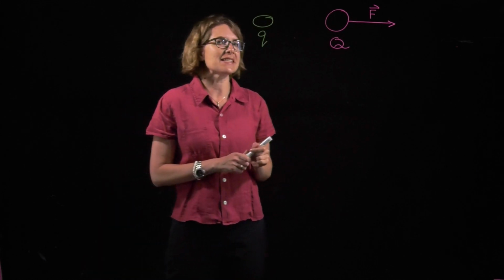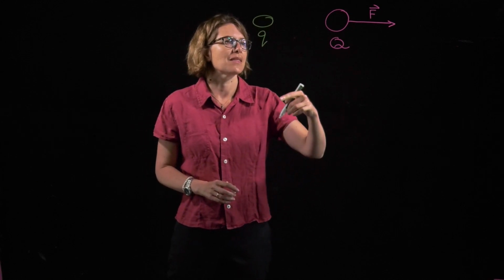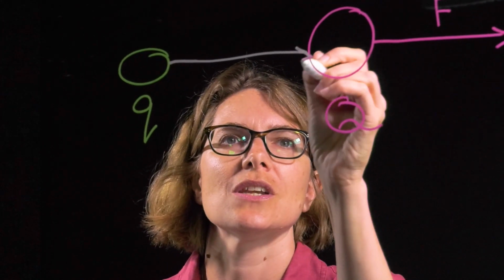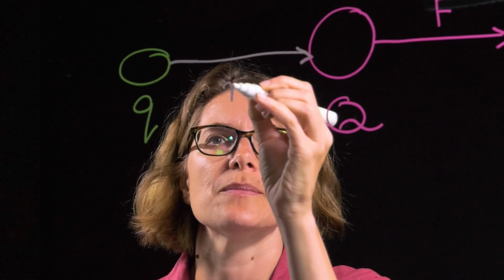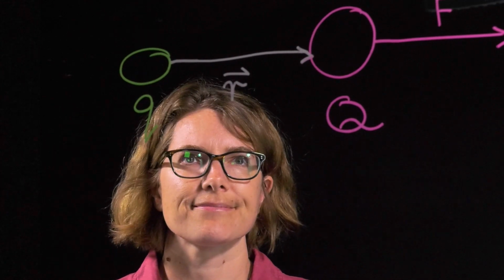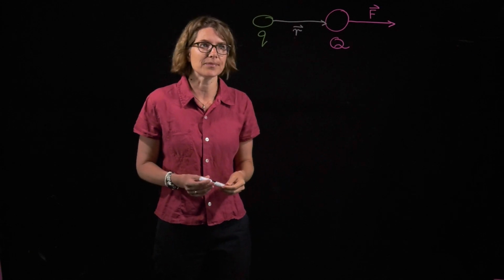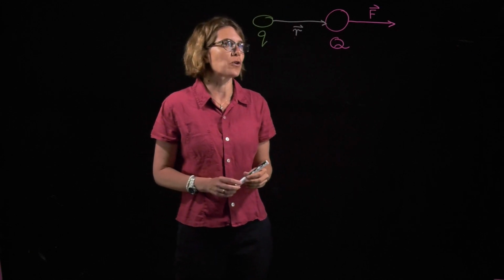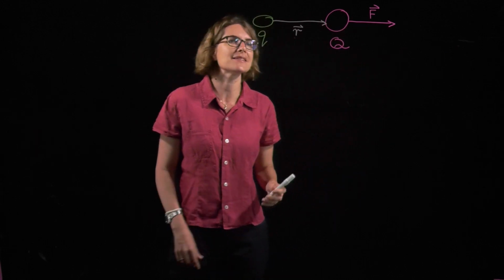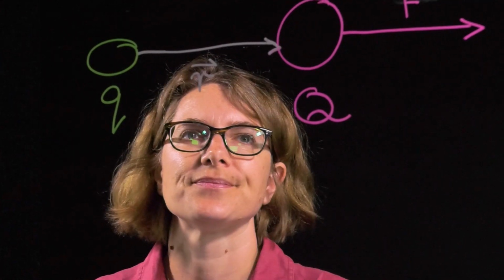It depends on the distance and the direction of the displacement vector that starts from little q and goes to big Q. We'll give that the symbol R. If we move Q to another position, then the force on big Q is going to change, isn't it? Because it depends both on this distance and the direction.